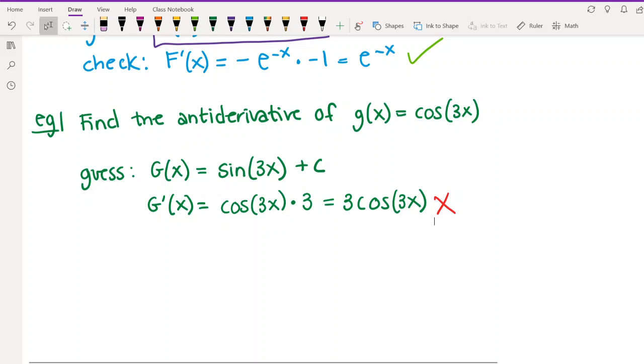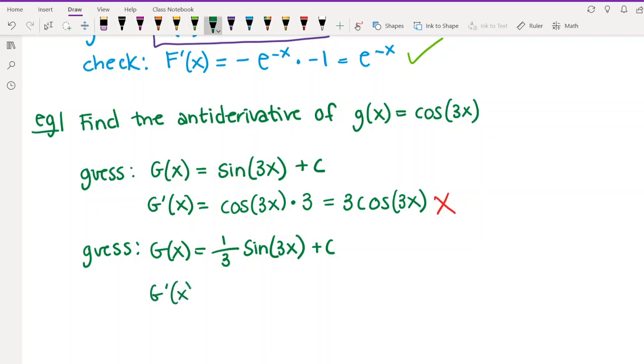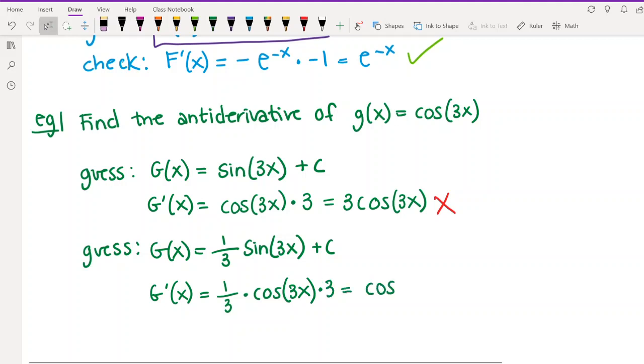This is like the power rule, where you have to have this kind of compensation going on. We're going to do the same thing here. How can we compensate for this 3? Well, if we put a 1/3 in front of our function, so if instead we guess 1/3 times sine of 3x plus c, now when we take the derivative, we get 1/3 times cosine of 3x, then we apply the chain rule and multiply by 3, and all of that combines to give us just cosine of 3x.